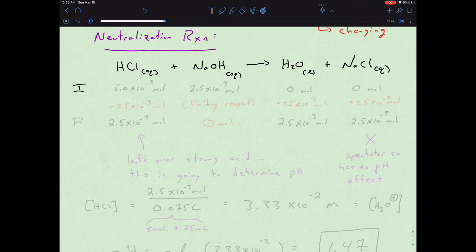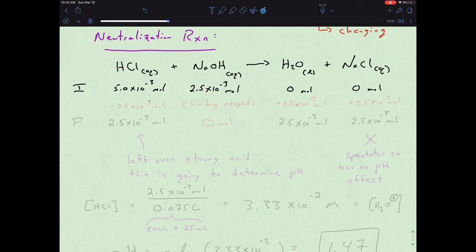If we look at the initial set of conditions, we had 5.0 times 10 to the negative third moles of HCl. We have 2.5 times 10 to the negative third moles of our sodium hydroxide. And we would have 0 and 0 for our product, since initially we don't have either of those.